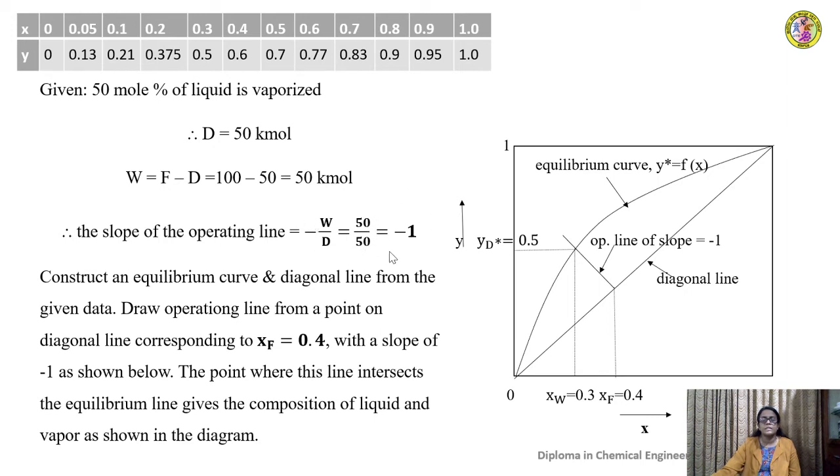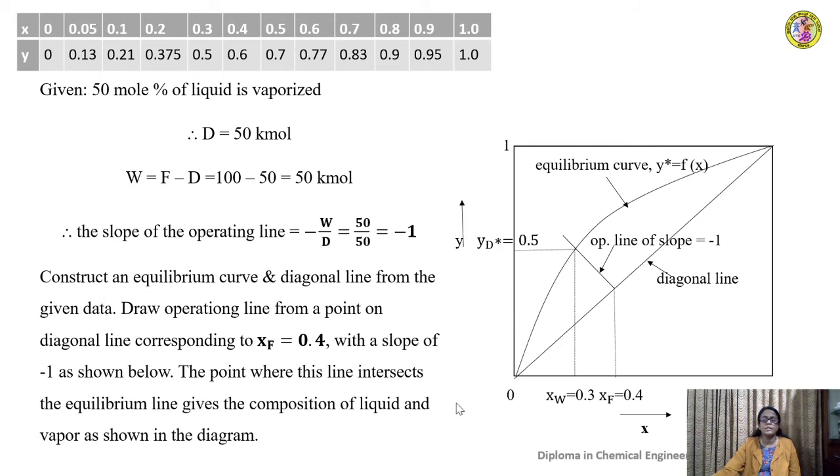So using this slope as minus 1, we need to construct the operating line, and using that you can find out the vapor phase composition and liquid phase composition on the equilibrium curve. So the procedure to find out these two values is like this.